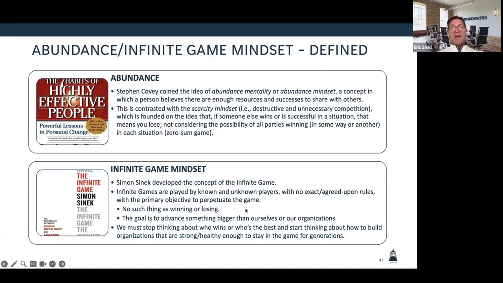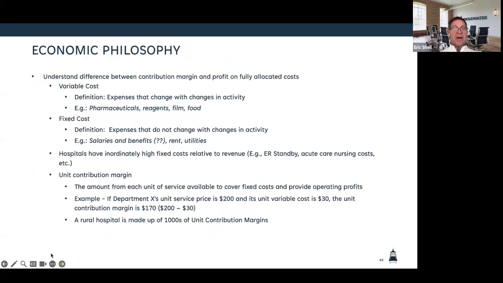So I look at this infinite game mindset as the same coin, different side. It's more of a corporate mindset around abundance, versus the abundance that Stephen Covey talks about, which is individual. I'll show you, in a minute, 6 case studies where abundance-based leaders came in, and I'll show you the results in their organizations.